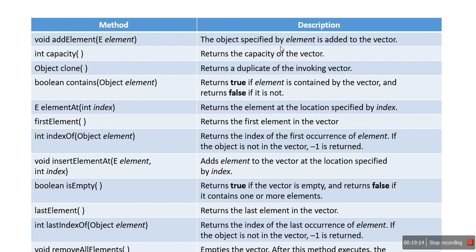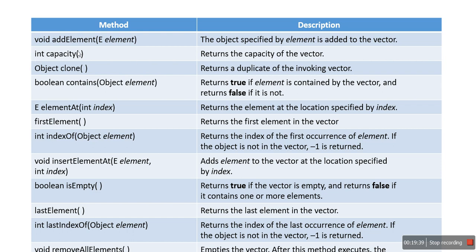The object specified by the element is added to the vector. If you store an integer or a string value, you pass the value here, and this adds the element into the vector.